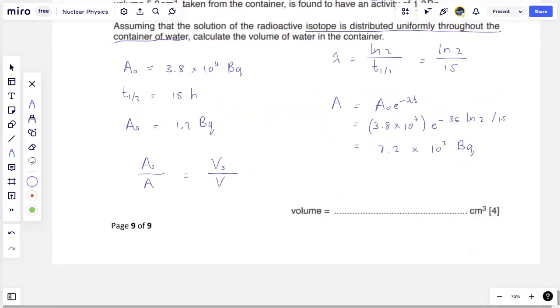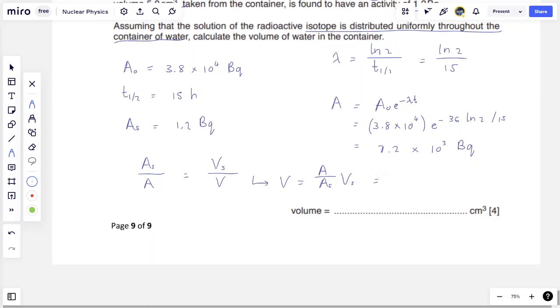So what I actually want to calculate here is V. If I do a bit of mathematics, I get V to be the ratio of the activities A by AS multiplied by the volume of the sample, which is simply 5 cubic centimeters.